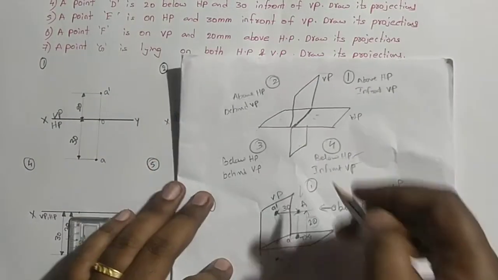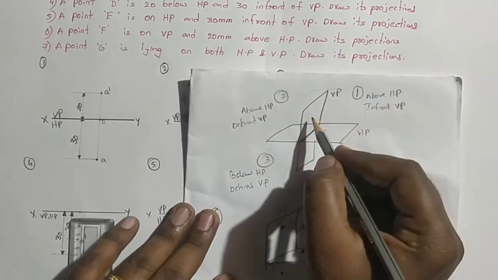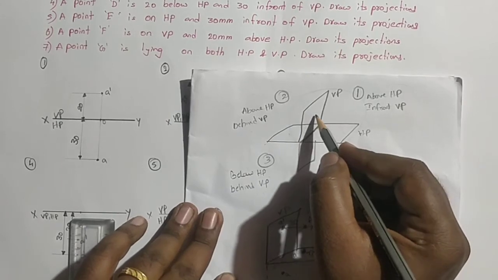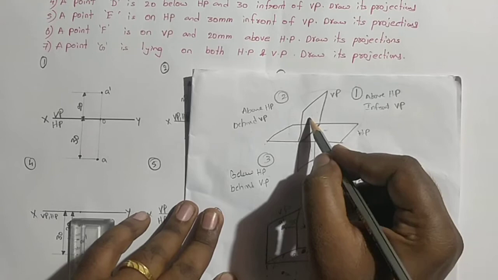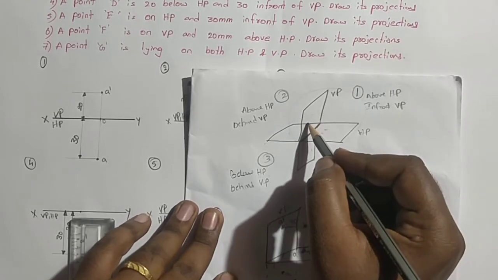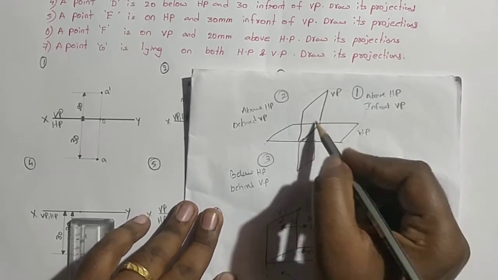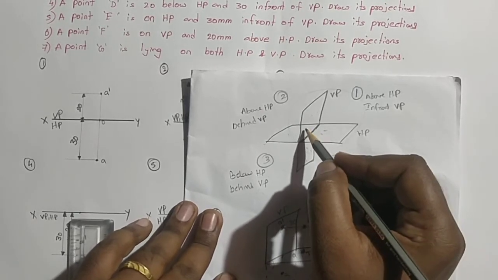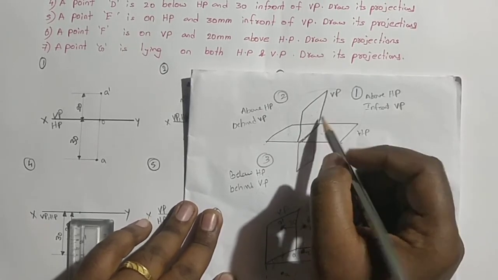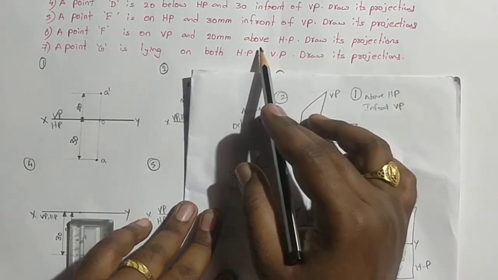Here the point F is on VP. On VP means it will come under the first or fourth quadrant. We could take any of the quadrants 1, 2, 3, 4, but the problem says 20 mm above HP.